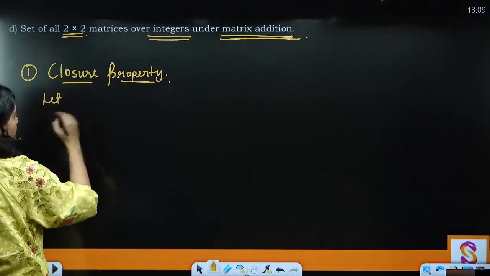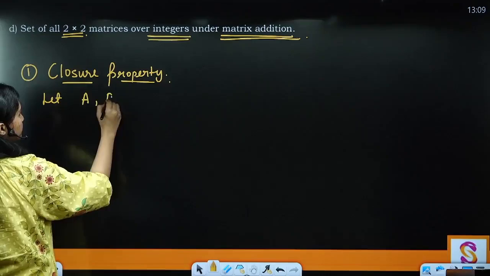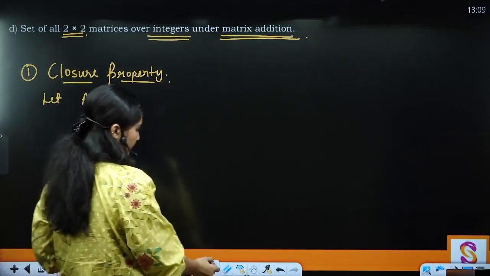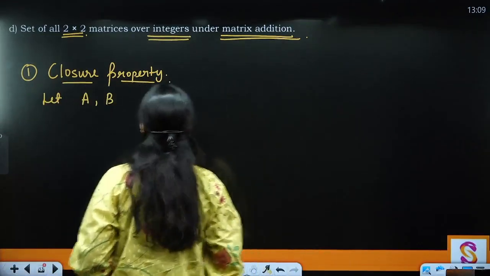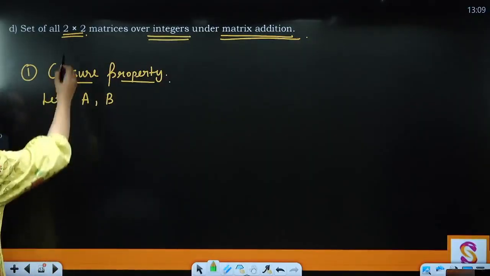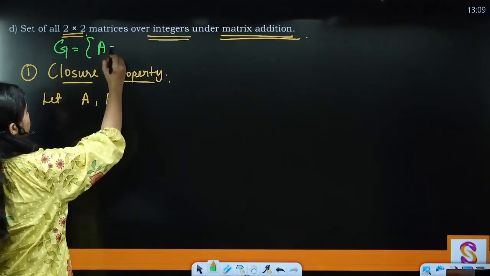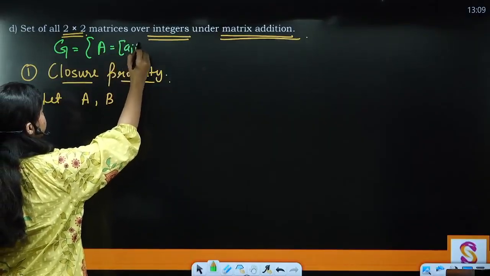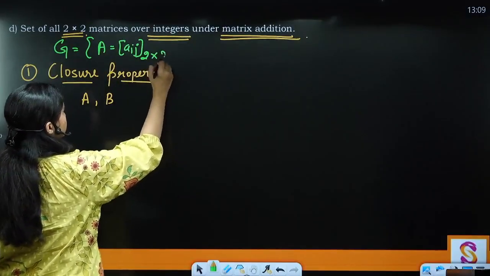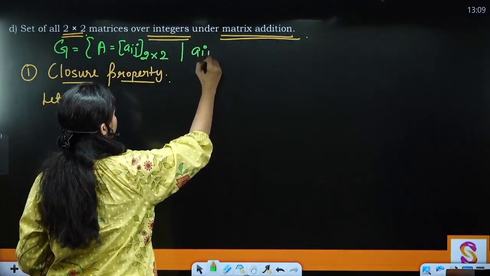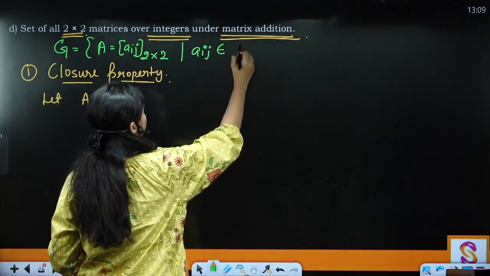Let us define the set as well first, na? Let the set be G, A equals [aij] 2 cross 2, and aij we are taking from integers.